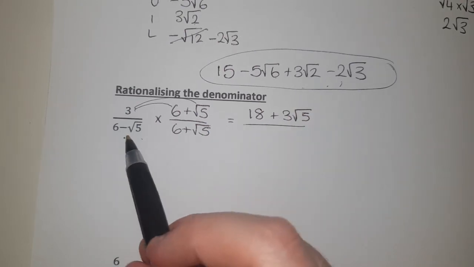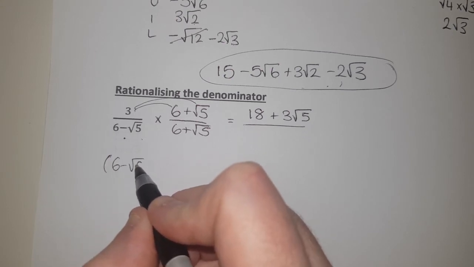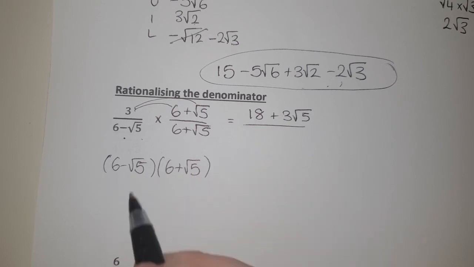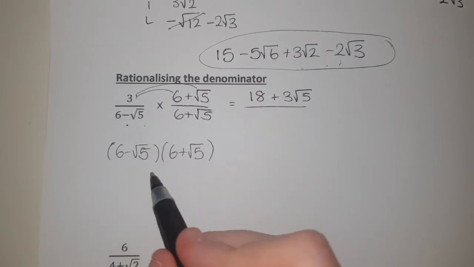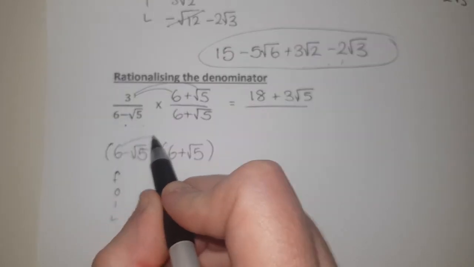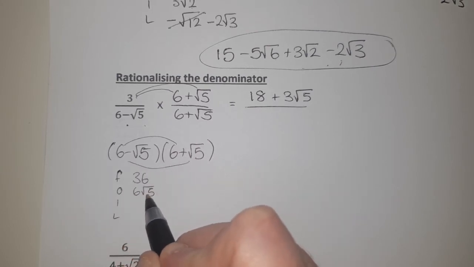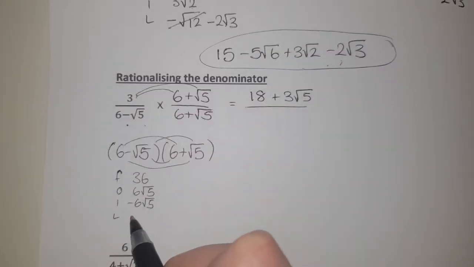On the bottom, now this is the difference of two squares. What you're actually doing is 6 minus root 5 multiplied by 6 plus root 5. And I will show it in full for this one, and then we'll use our little bit of a cheat method for the next ones. So if I used FOIL on this, I'd get 36 plus 6 root 5 minus 6 root 5 and then minus 5.